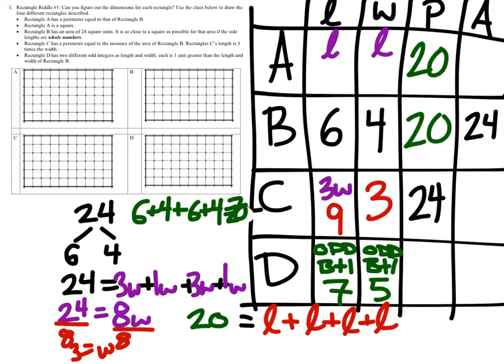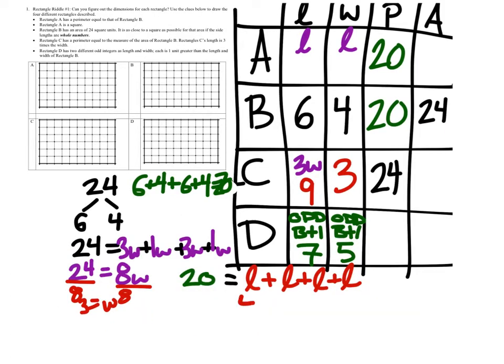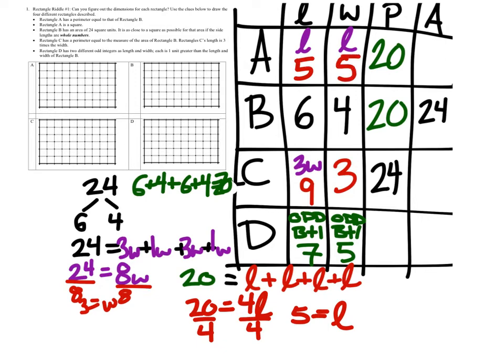So 4 lengths is 20. And if I divide by 4, I can see that my length is going to equal 5. So the length of rectangle A is 5, so the width must also be the same because it is a square. Now we have a few other empty boxes up in here.